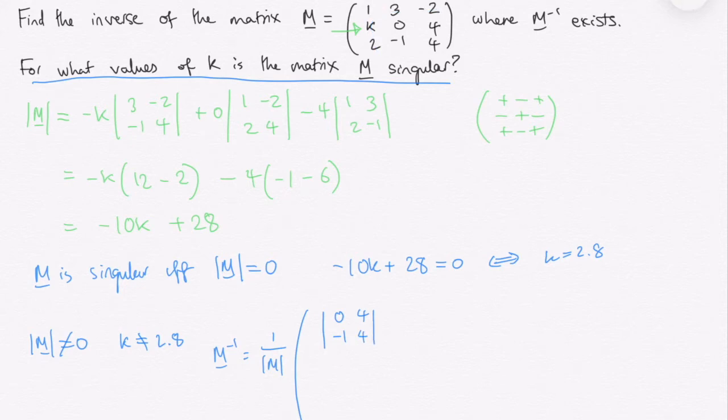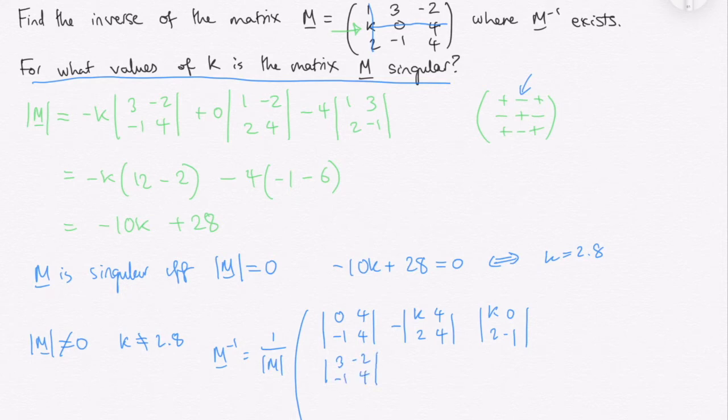And then our second cofactor corresponding to the element 3 is k, 4, 2, 4. But remembering our matrix of signs, this has a negative sign. Our third cofactor corresponding to the element negative 2 in the top row is the determinant of k, 0, 2, negative 1. On the second row, we have the determinant of the matrix 3, negative 2, negative 1, 4.